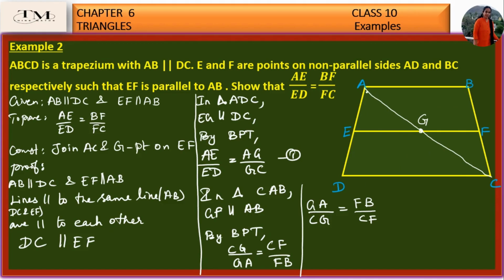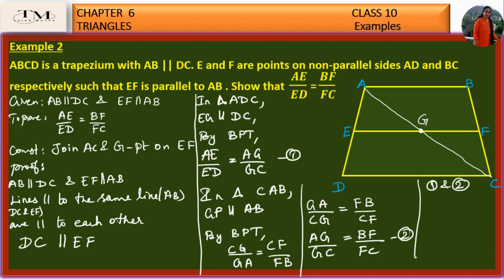So GA length is also equal to AG length. So AG by CG can be written as AG by GC. GC will be equal to FB can be written as BF and CF can be written as FC. This is second equation.